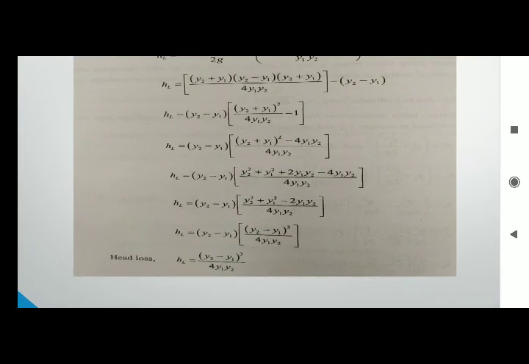In the third unit, if problems are asked, these two formulas can be used. Other than these two, there are no other mathematical derivations in the third unit. The first is the depth of hydraulic jump equation, and the second is the head loss in hydraulic jump equation.